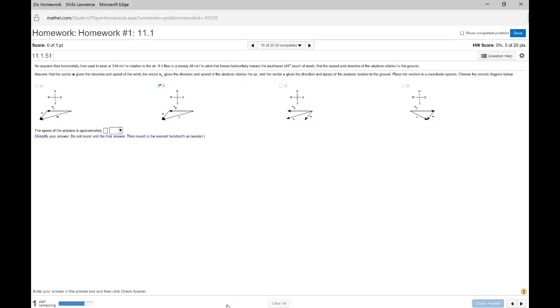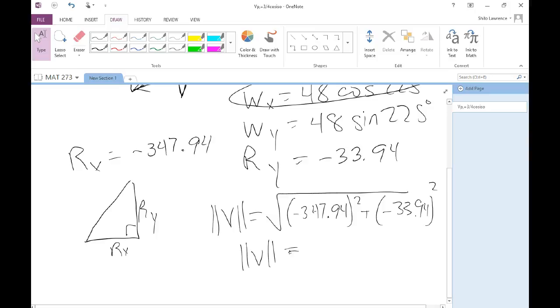And they want the answer rounded to the nearest hundredth as needed. Be careful, because both of those negatives, when you square them, are going to turn to positives. Nothing actually is going to get subtracted. You should not end up with a negative number under your square root. 349.59.